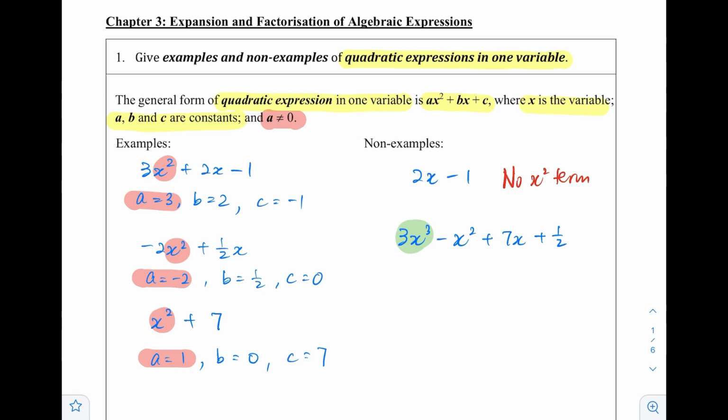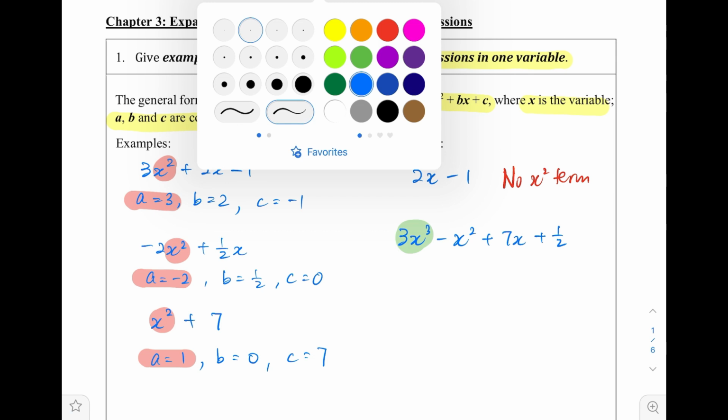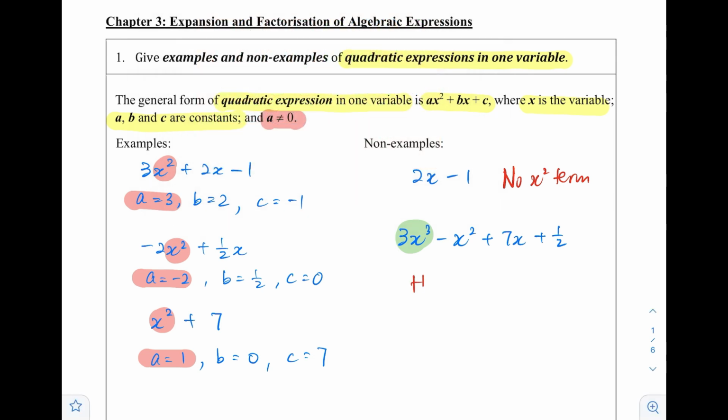If there is an x cubed term, the highest power of the variable x is 3. It is no longer 2 as the highest power, so it is again not quadratic.